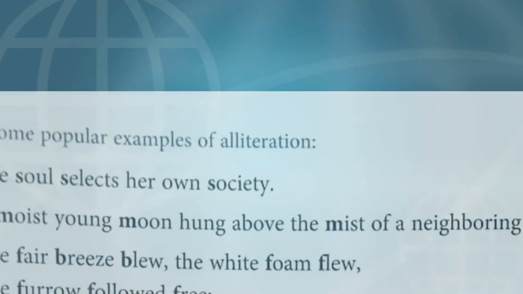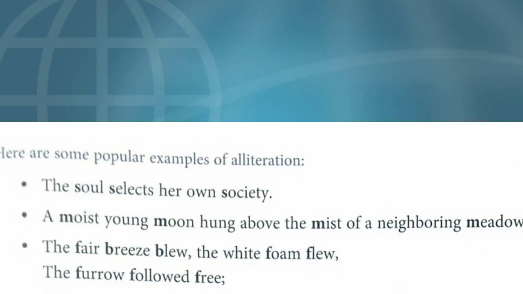I am going to explain some popular examples of alliteration. There are 4 examples given here. Look at the first one. The soul selects her own society. Look at the repetition of the same consonant sound in the words soul, selects and society. The s sound is repeated in the beginning of the words in a sentence. Look at the second example.